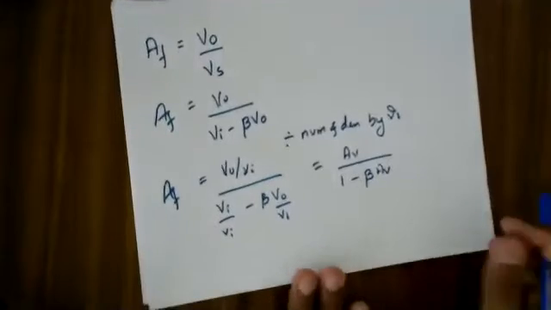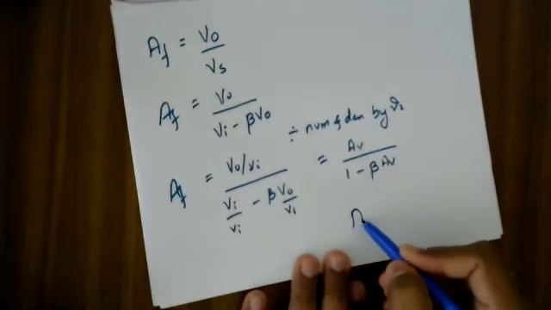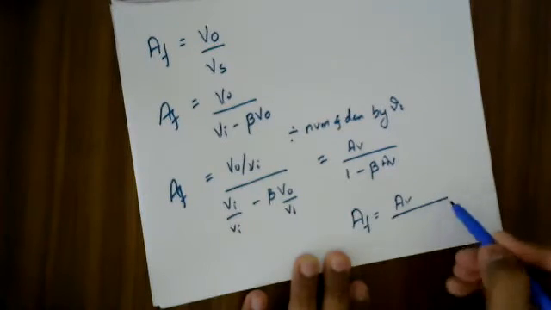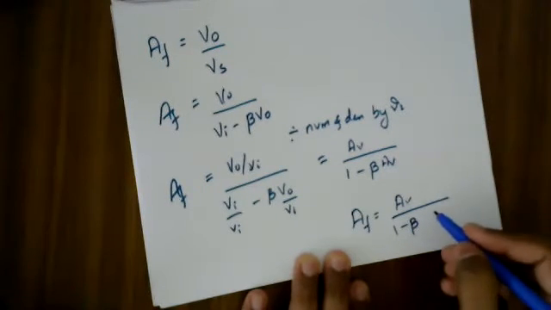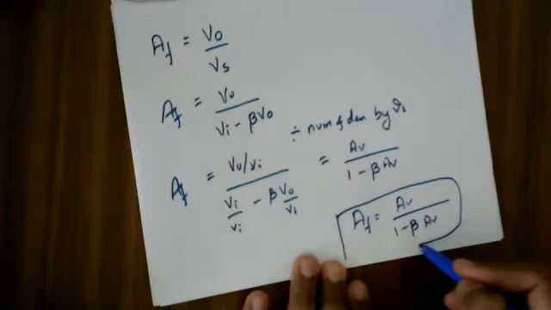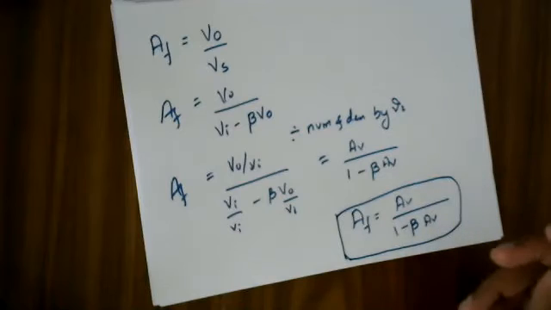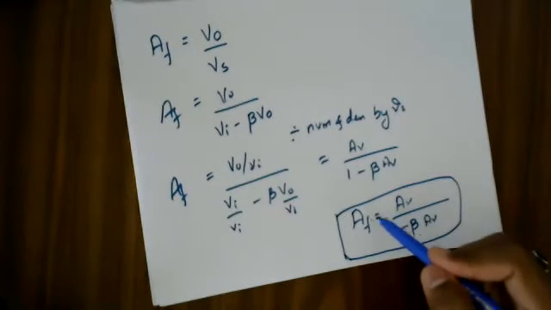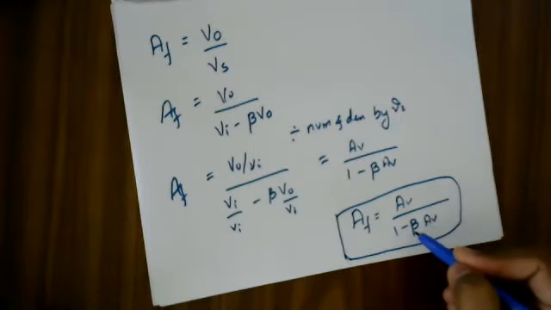This is an important expression that you need to remember in the case of oscillators. Your closed loop voltage gain AF is given by the open loop voltage gain divided by 1 minus the feedback factor into the open loop voltage gain. This is a very, very important expression. If you remember, in the case of negative feedback, the expression is AF equal to AV divided by 1 plus AV beta.